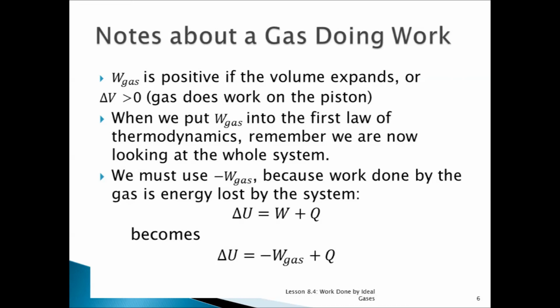So our work done by the gas has to become a negative work once we put it into the first law of thermodynamics. So we're going to use negative P delta V inside our equation for the first law of thermodynamics. So our equation becomes the change in energy equals negative work done by the gas plus the heat exchanged with the environment.